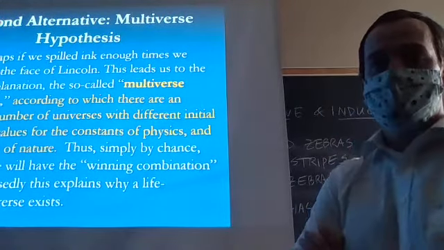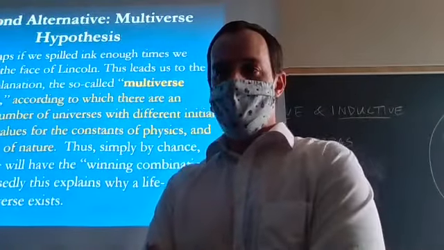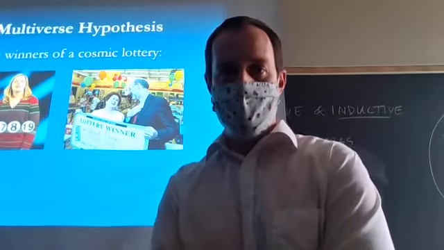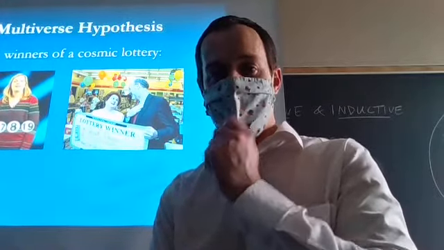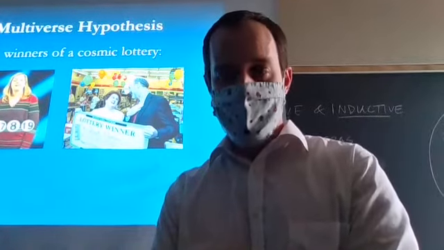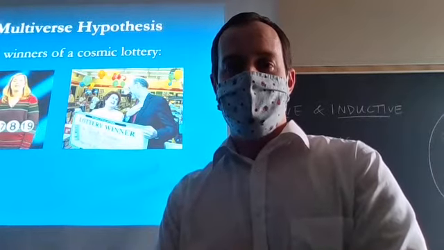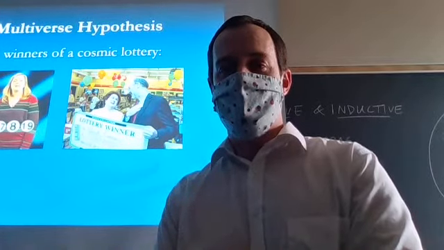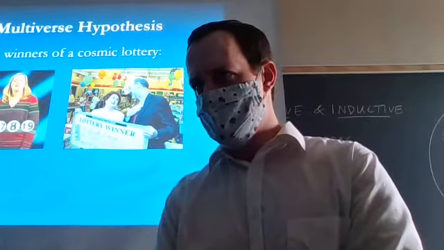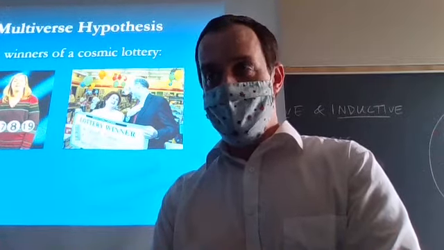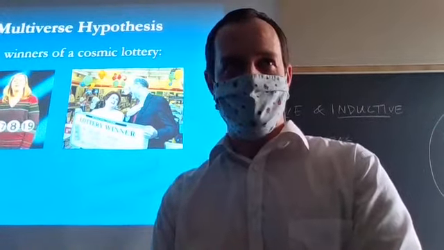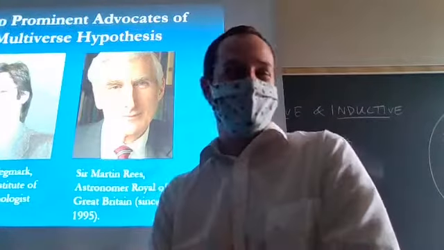And we happen to have won. So on this view, humans are winners of a cosmic lottery. There are many, many different universes, and human beings are the winners of the cosmic lottery in our universe. To use my 5-year-old's way of explaining large numbers, there are 100 universes. That's the way she says it.